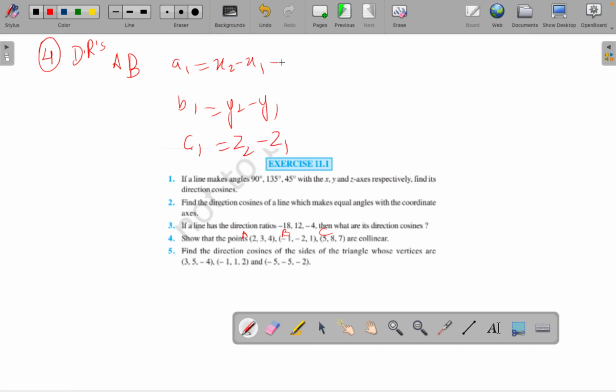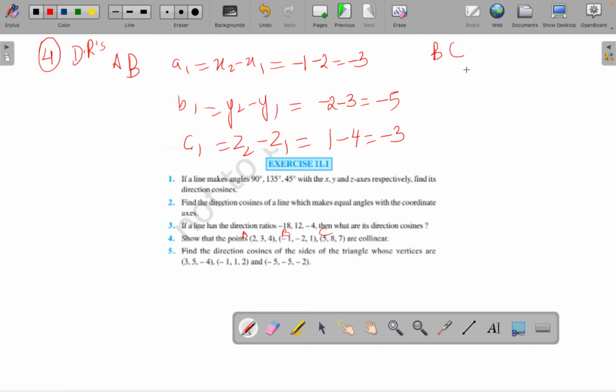So X2 minus x1 means -1 minus 2, that is -3. Similarly, this one is -2 minus 3, that is -5, and this one is 1 minus 4, that is -3. This is direction ratios of AB.